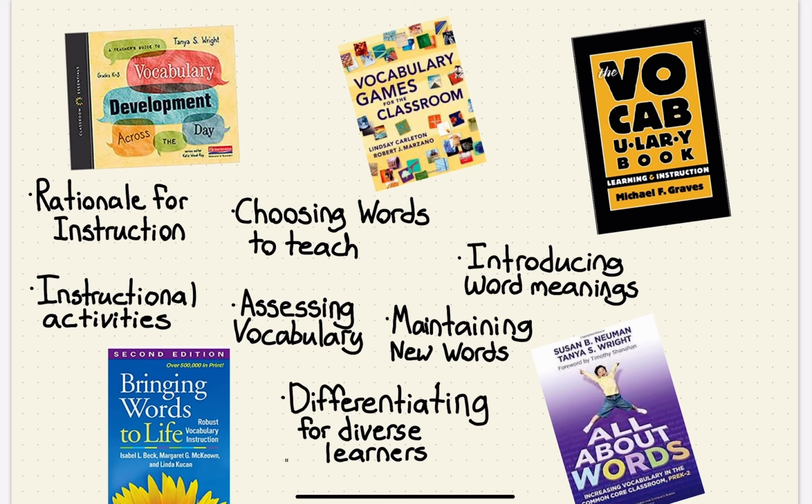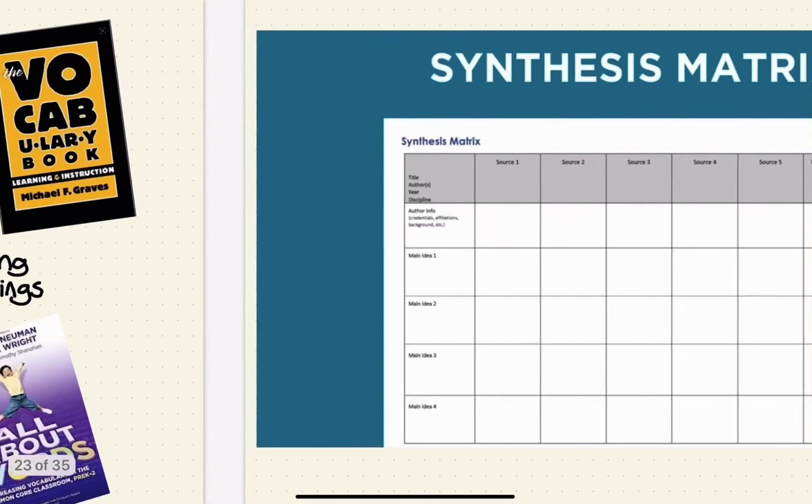Or when I saw really cool instructional activities to work on with students in the classroom from each of these sources, I copied and pasted it into that specific category. And I was able to quickly browse lots of different sources for information that would be relevant and timely to the presentation that I was giving at the time.